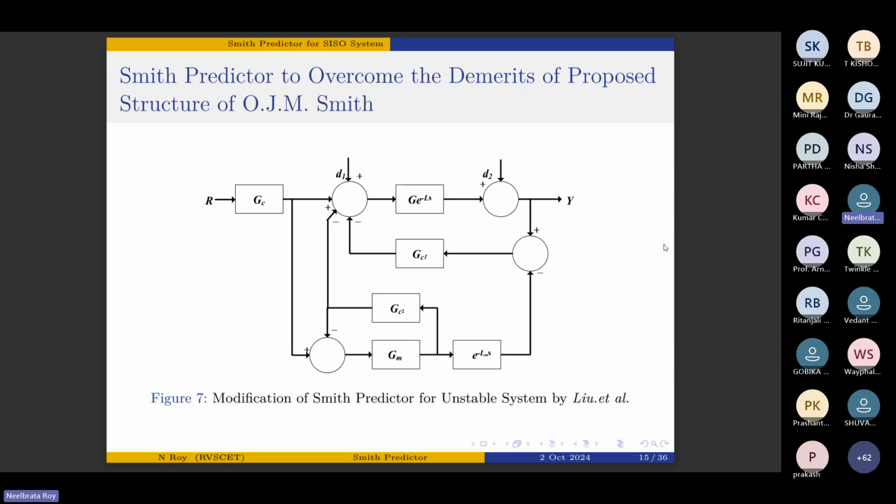GC1 is the disturbance estimator, whose work is to measure the disturbances D1, D2 and produce an inverse disturbance response so as to cancel the disturbance. GC2 is the stabilizing controller. GM and e to the power minus LMS are the model of the plant and the time delay.